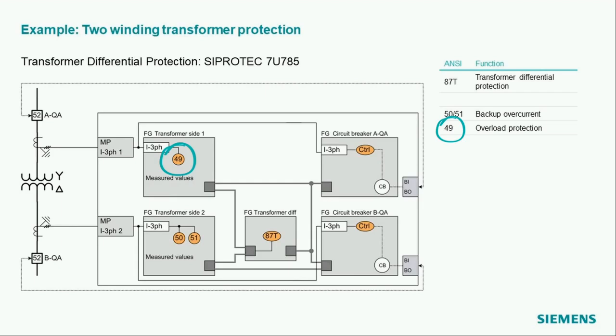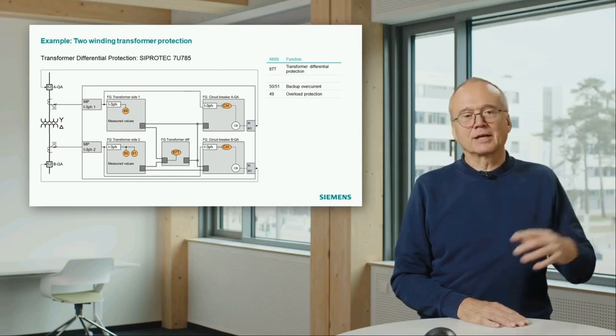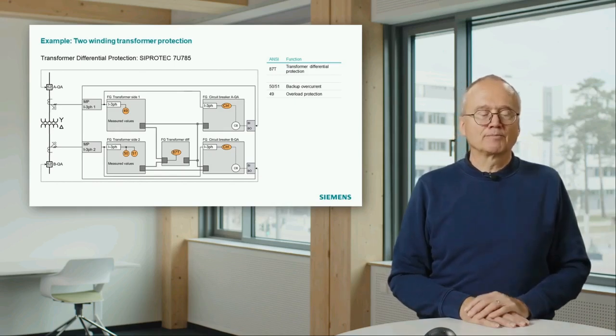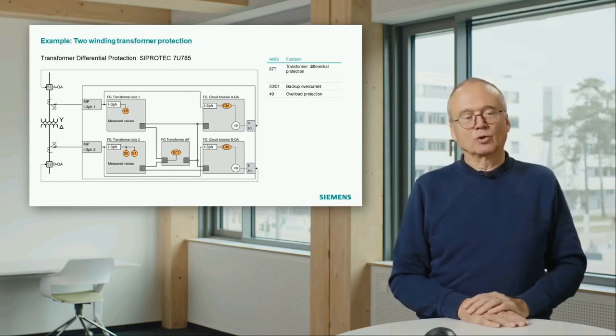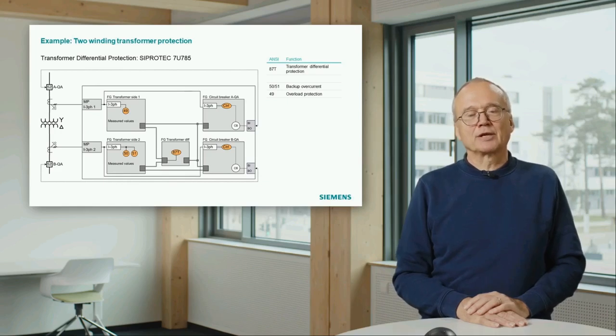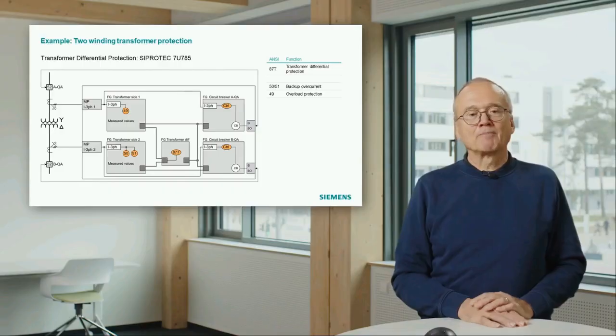The 49 is the overload protection, which is a standard thing for a transformer. It avoids thermal overloads, avoids heating up of the transformer. In this case, just based on the current measurement. Otherwise, we would also need a temperature sensor in the transformer or several temperature sensors in the transformer.